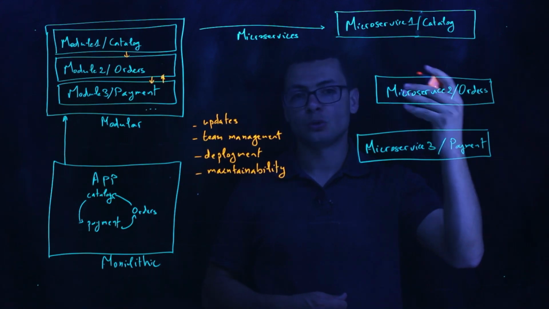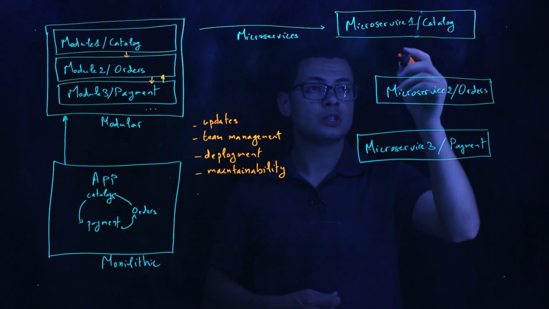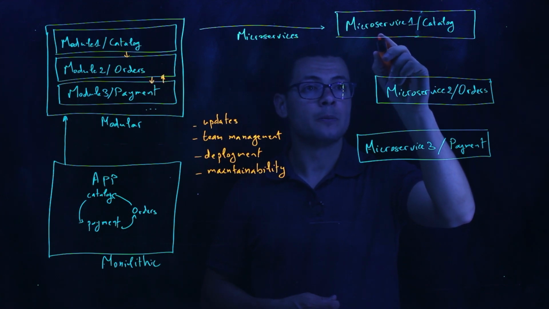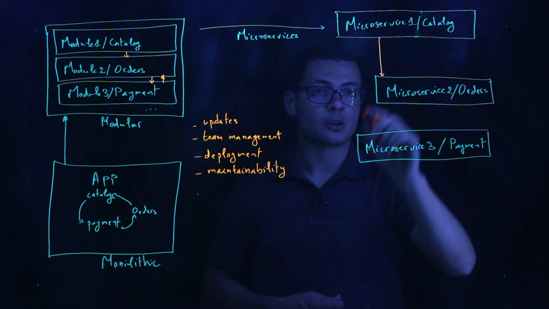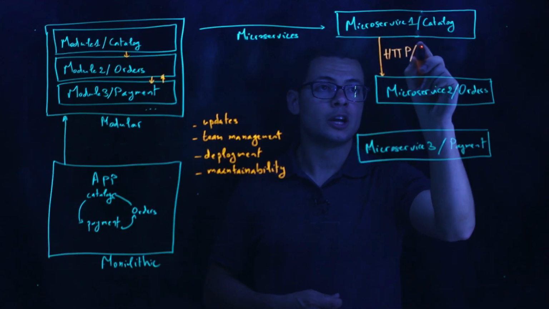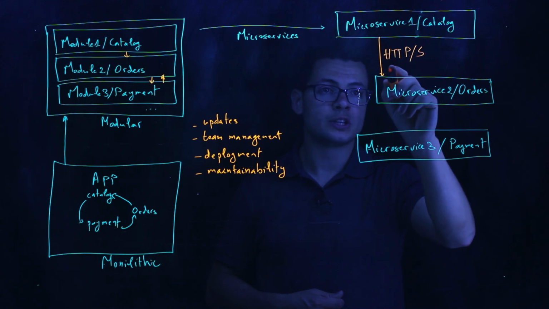And here we need to either use HTTP calls or use queues. For HTTP calls, microservice 1 might call the orders microservice using HTTP or HTTPS, of course, with the REST API.